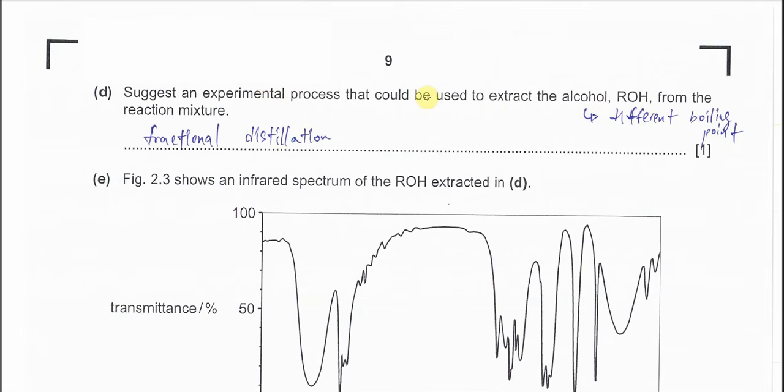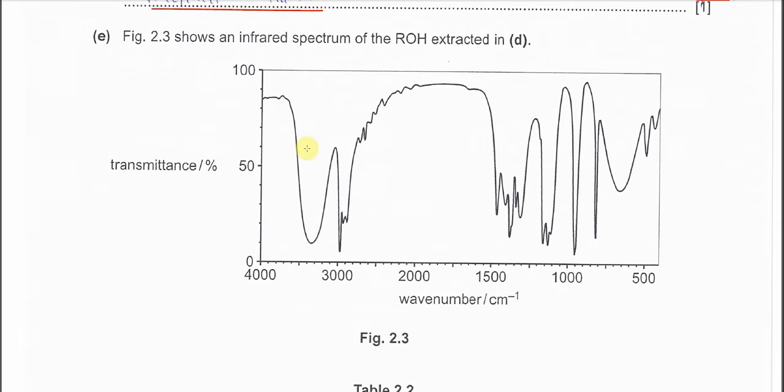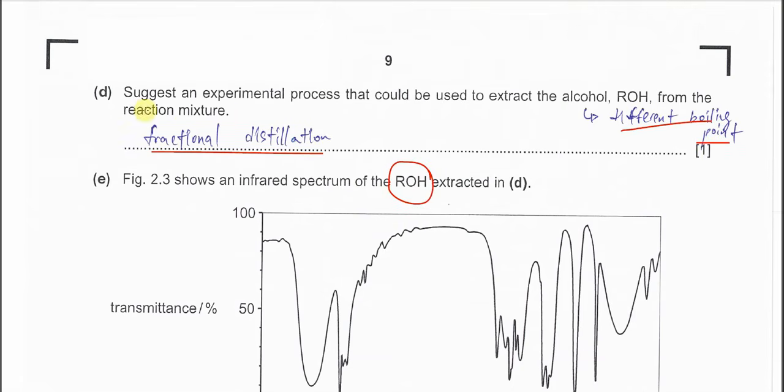As long as the compounds in the mixture have different boiling points, they can be separated one by one. So we use fractional distillation.